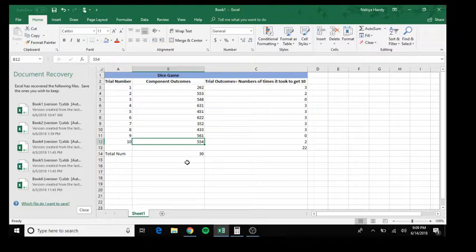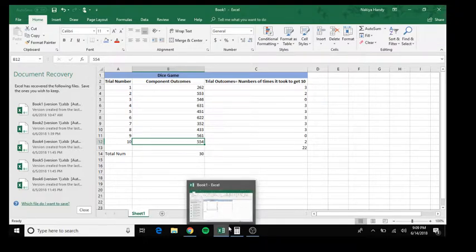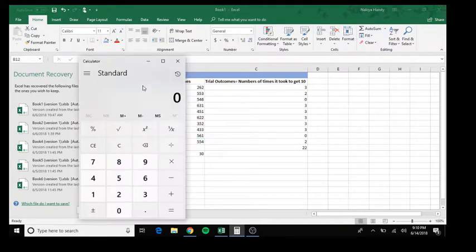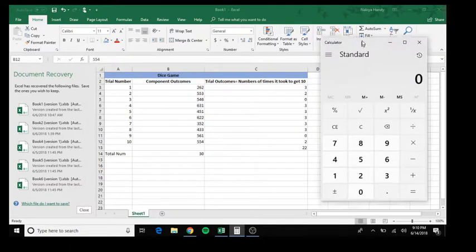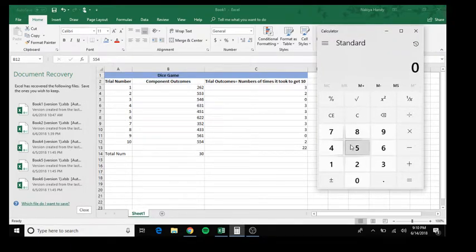And because there are 30 numbers, what I'm going to do is divide 22 by 30 to see how many turns it took for me to win the game with being 10 spaces away. So using my random digits, I got 22. So what I'm going to do is 22 divided by 30.